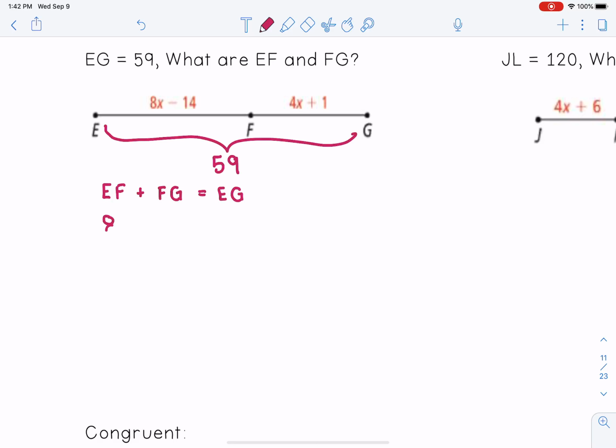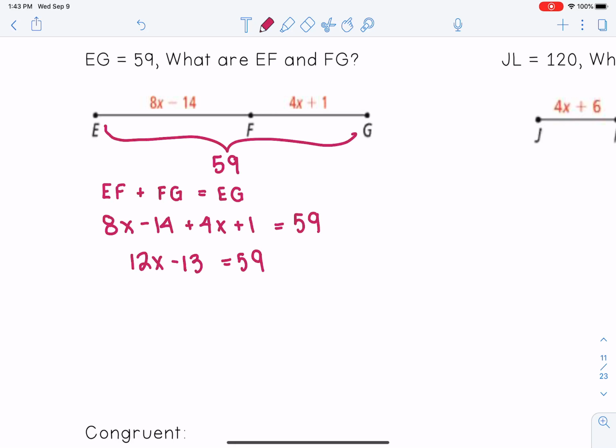EF is 8x minus 14. FG is 4x plus 1. And it adds up to this total number 59. Now I'm just going to combine like terms and solve for x. So 8x plus 4x is 12x. -14 plus 1 is -13, equals 59. I'll add 13 to both sides, and I'll divide both sides by 12. So I get x is 6.